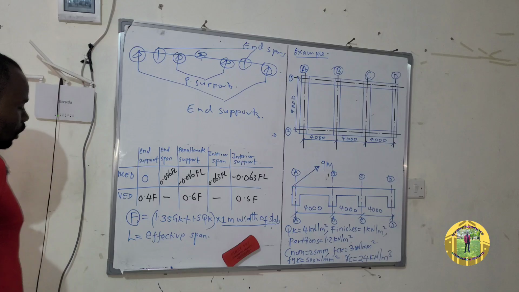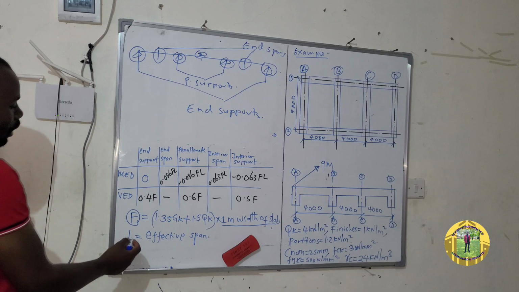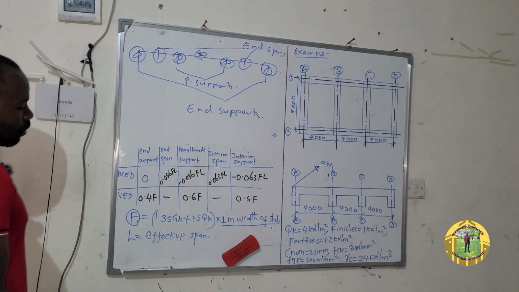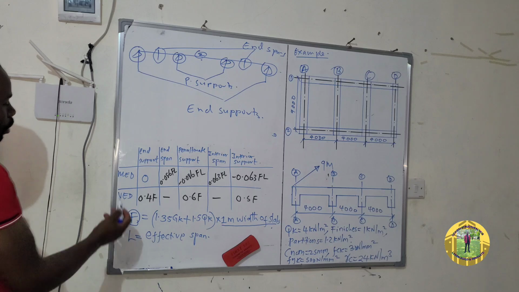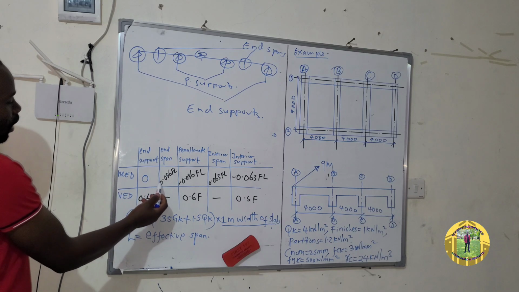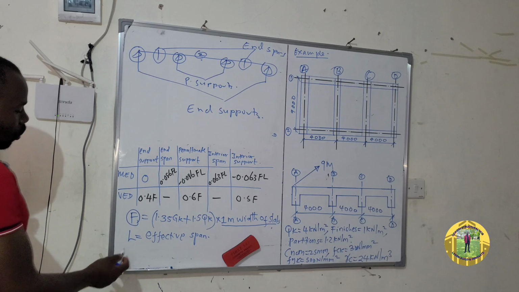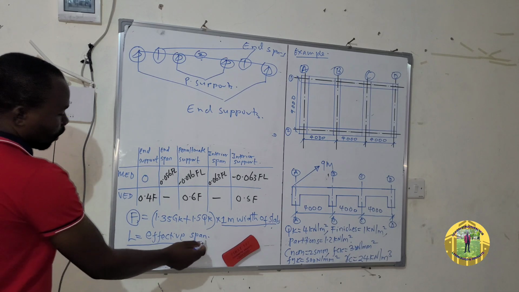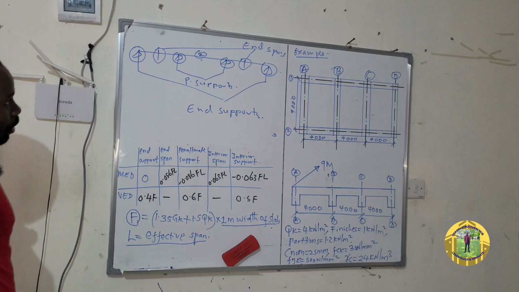And then the L is equal to the effective span. For example, if you want to calculate MED for end span, you will use this formula 0.086FL. So L is the effective span.